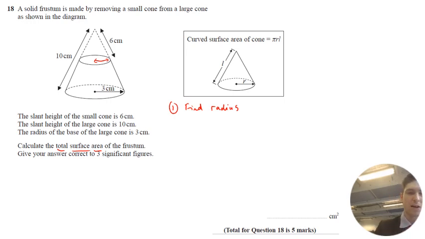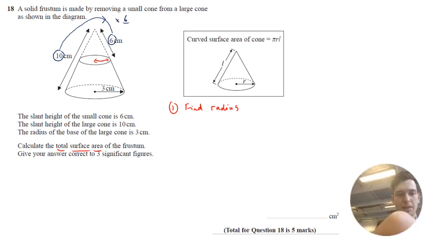So I'm thinking, how do I get from the large cone to the small cone? How am I going to get from 10 to 6? Well, I think I'm going to multiply by 6 over 10. To get from 10 to 6, I multiply by 6 over 10. That can be simplified if I want to as 3/5.